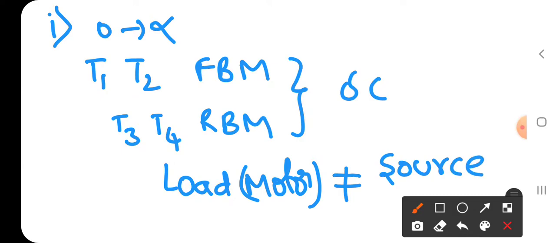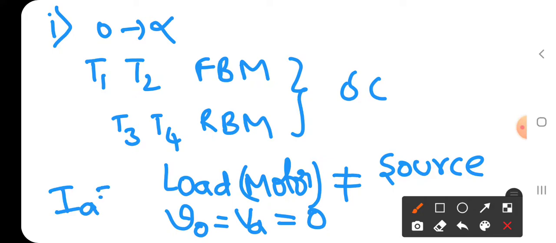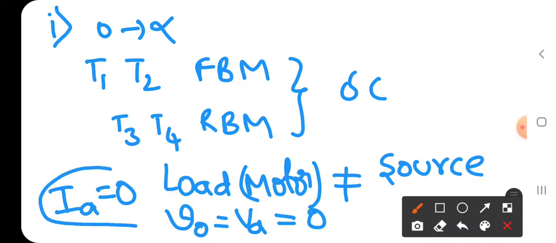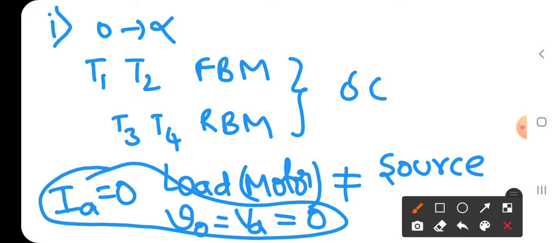So I can say the output voltage, or the armature voltage, is equal to 0, and similarly the armature current is also 0. Just remember these two. That is what happened from 0 to alpha.